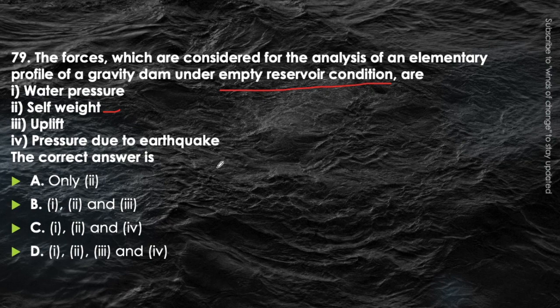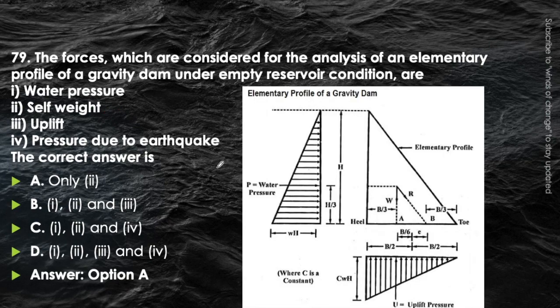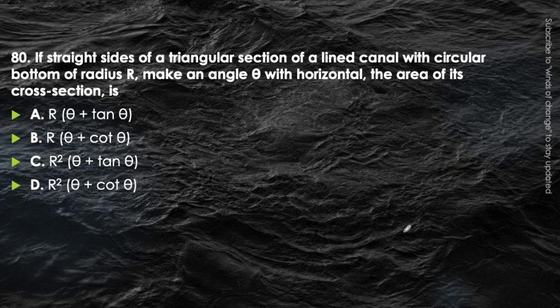So in the elementary profile, we will consider only the second one, that is only the self-weight. This is the elementary profile of the gravity dam. This is the condition in which there is the full flow of the water. In that case, all these three forces are taken, but in the case of an empty reservoir, only the self-weight will act. Next question.